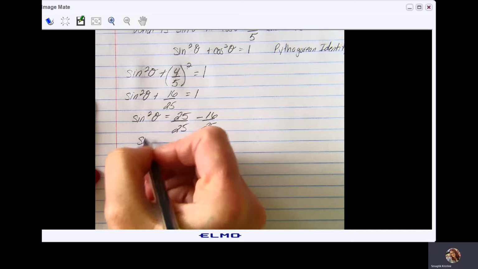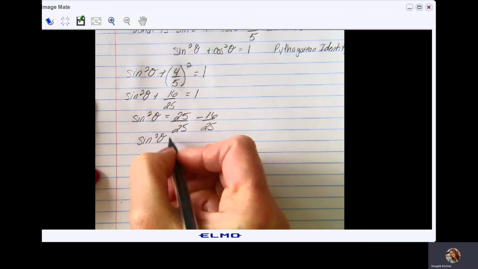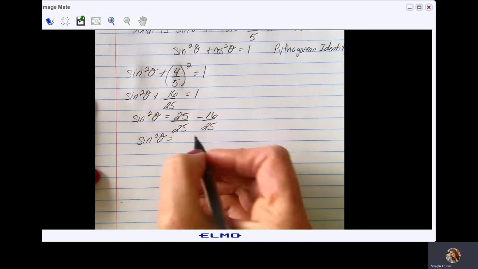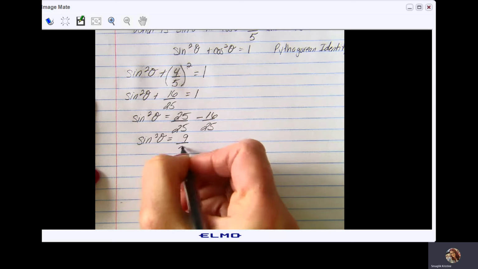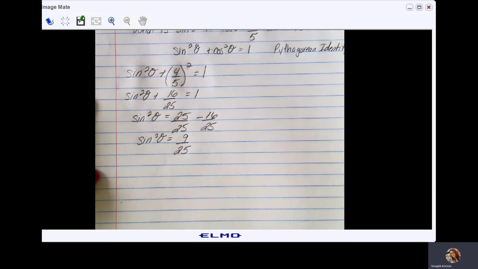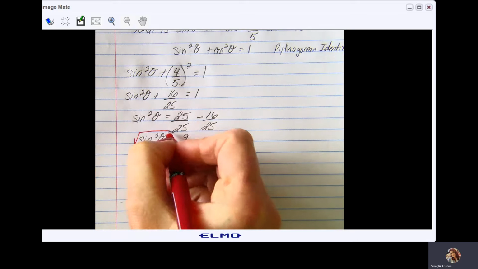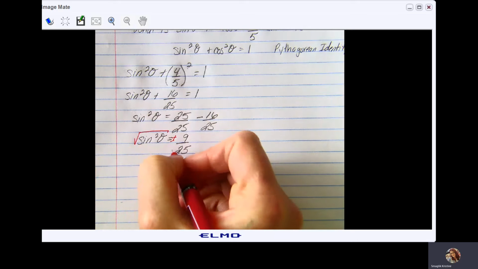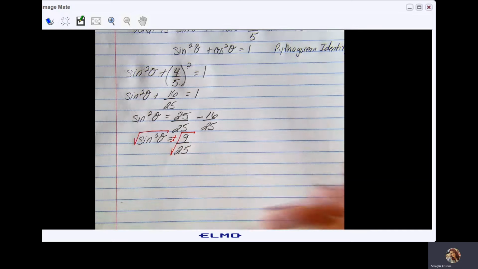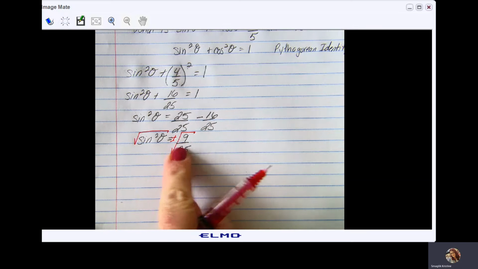And then I am now left with sine squared theta equals 25 minus 16, which is 9. So we have 9/25. And I want to get rid of that square, and we undo a square with a square root. So I'm going to square root both sides. I am going to do plus minus here. And now don't forget, this goes back to topic 5.